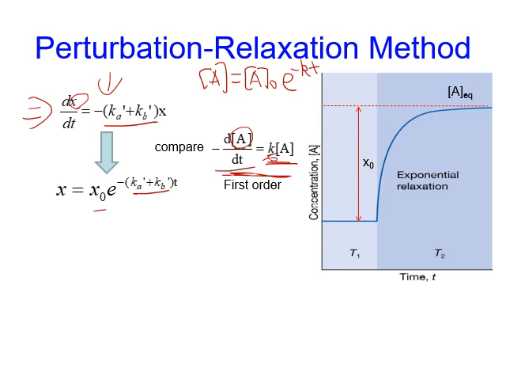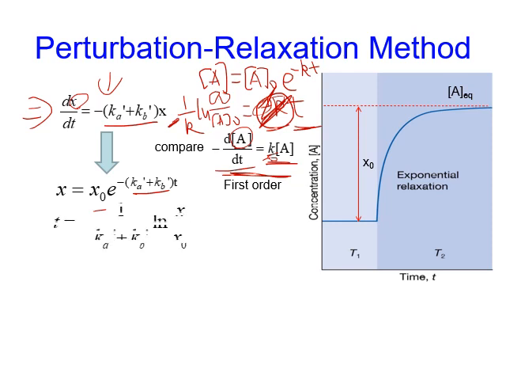Also, for a first order reaction, ln of A over A naught should equal negative kt, and therefore we can calculate t as the natural log times negative 1 over k. Same thing here: time can be calculated by negative 1 over the sum of the two rate constants times ln of x over x naught.